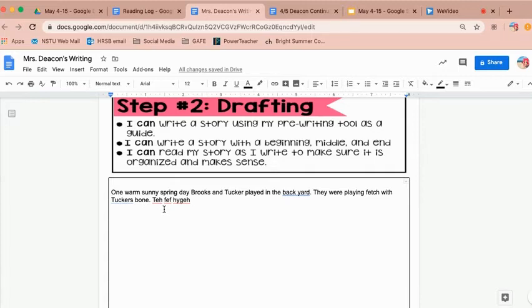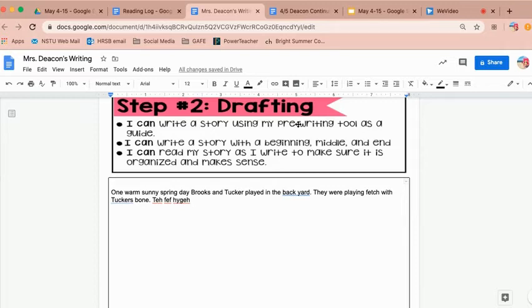So sometimes you might get squiggly lines if there's a spelling error or if you put the wrong word, if you're not punctuating, meaning putting periods or capitals properly. But for the drafting step, we do not worry about the spelling.